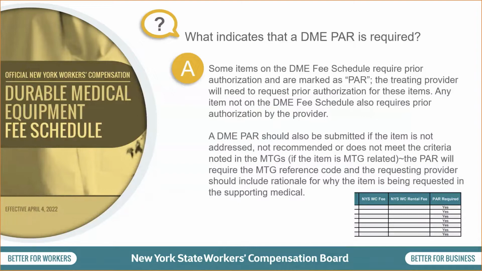A DME PAR should also be submitted if the item is not addressed, not recommended, or does not meet the criteria noted in the MTGs. If the item is MTG related, the PAR will require the MTG reference code, and the requesting provider should include rationale for why the item is being requested in the supporting medical.